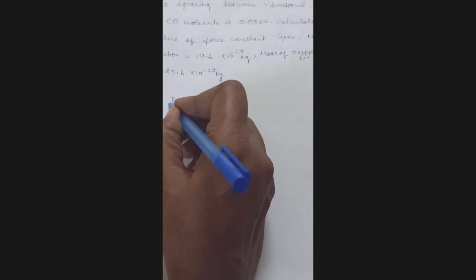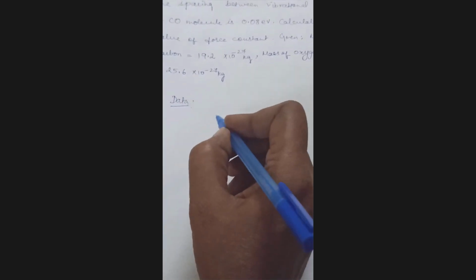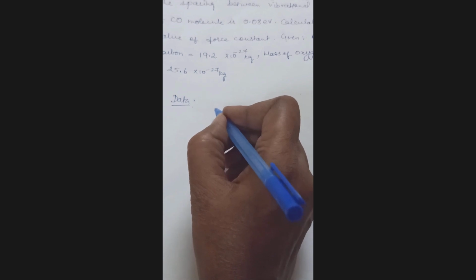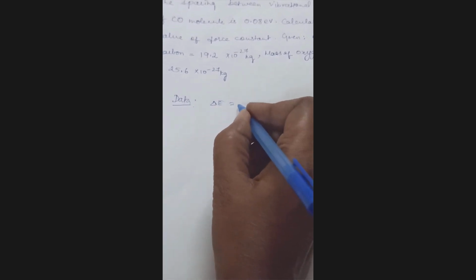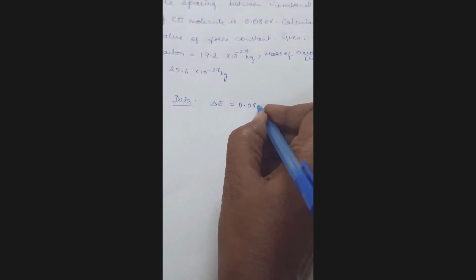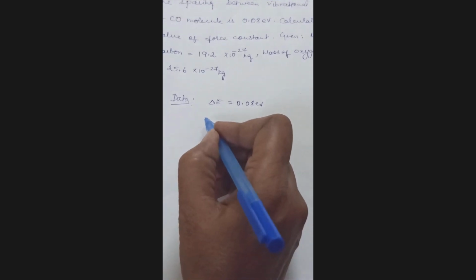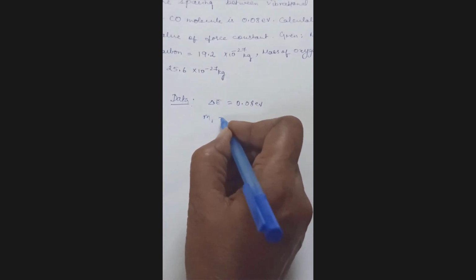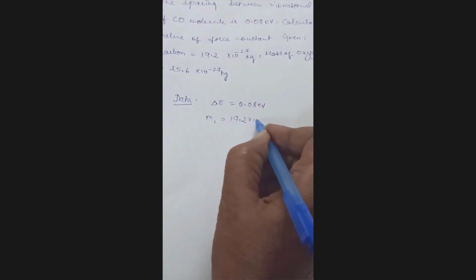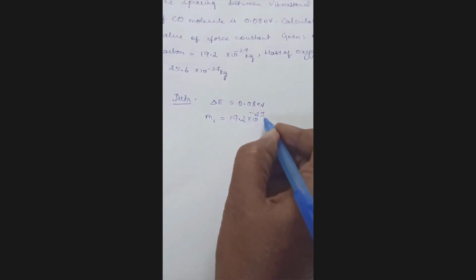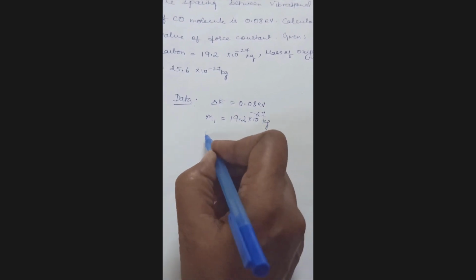So here let us write down what is the data given. Data given is the spacing between the energy levels. Delta E is given, that is 0.08 electron volt. Next, mass of carbon M1 is given, 19.2 into 10 raised to the power minus 27 kgs.